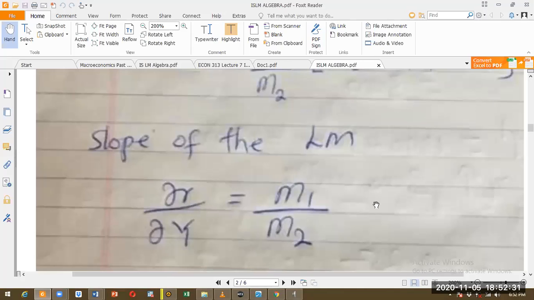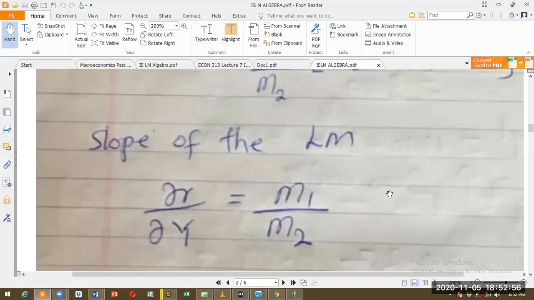This means that the coefficient is positive. So when you increase your income in the money market by 1 unit, then interest rate will increase by this value, M1 over M2. You see that here they are positively related.